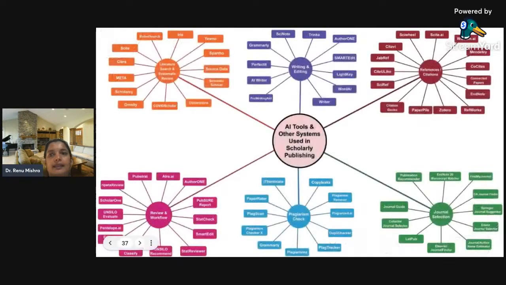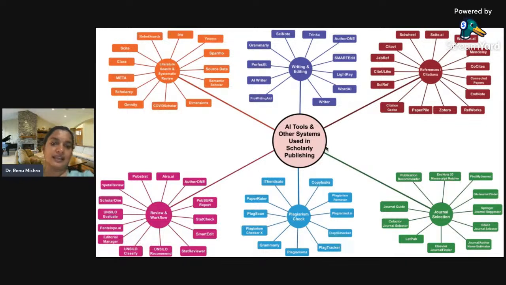Now, lastly but not the least, these are the AI tools, and I have given you all the AI tools which you can use in literature search and systematic review, in writing and editing, referencing and citations, journal selections, plagiarism check, and review and workflow.